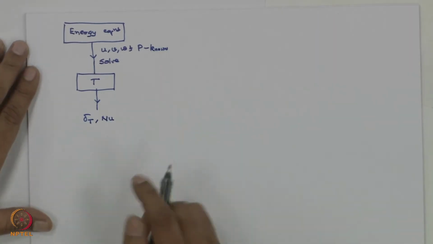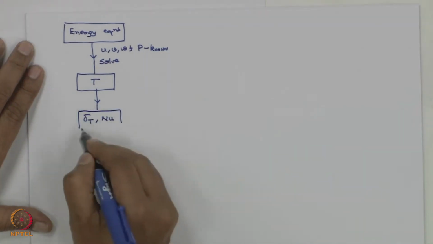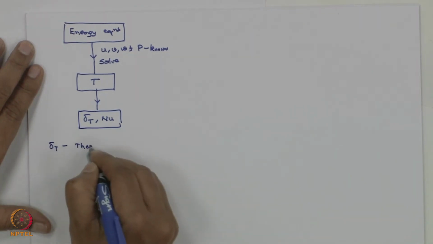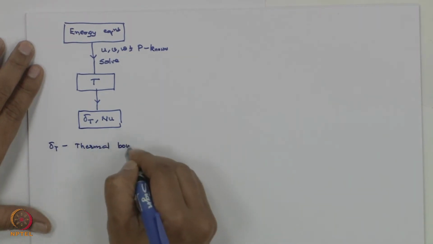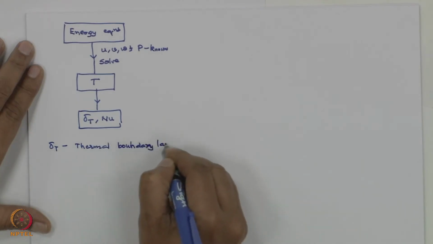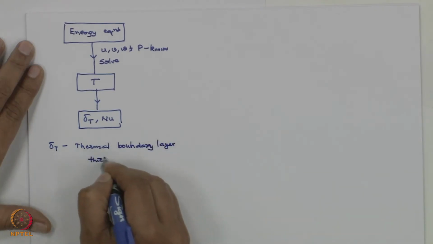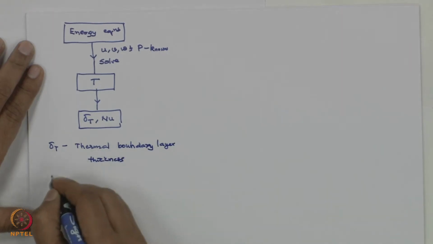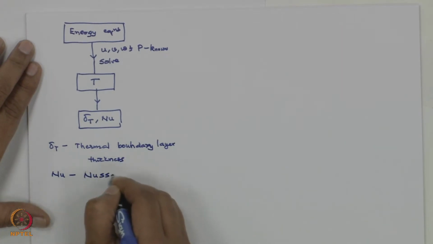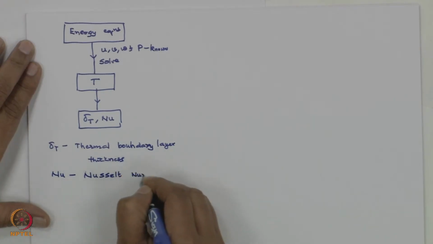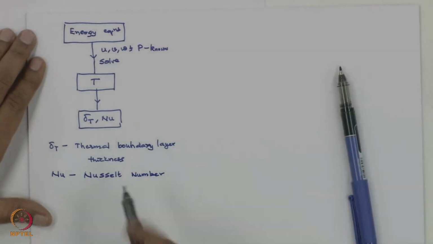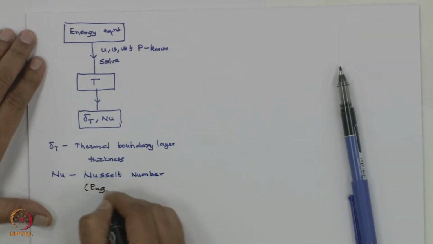Delta T is the thermal boundary layer thickness, and Nu is the Nusselt number. The Nusselt number is an engineering necessity. I will show you in a little while why the Nusselt number is an engineering necessity.